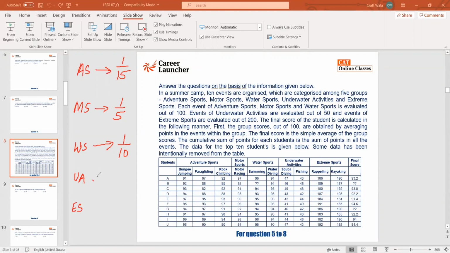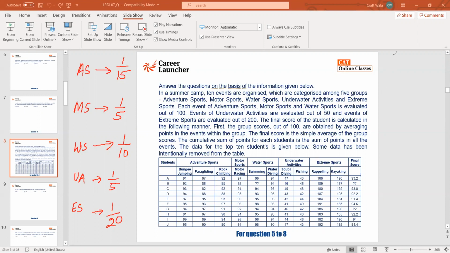Underwater activities 1 by 5, and extreme sports 1 by 4 and then by 5, so I'll say 1 by 20. That is what we can say. This is the impact on the final score.